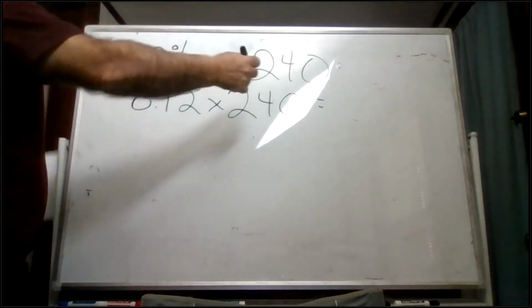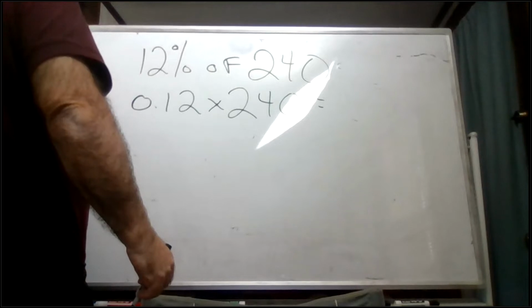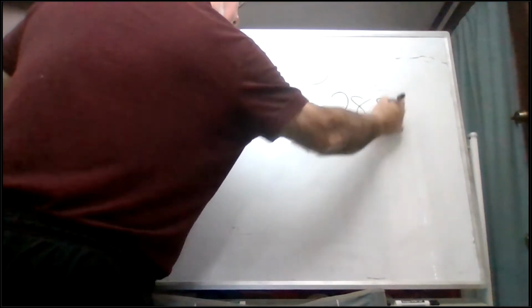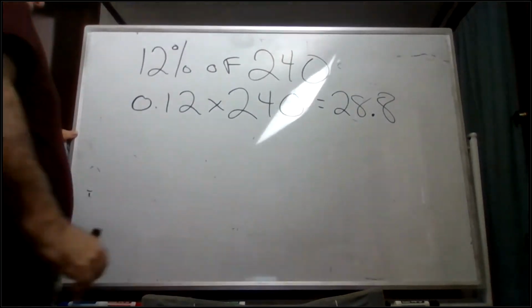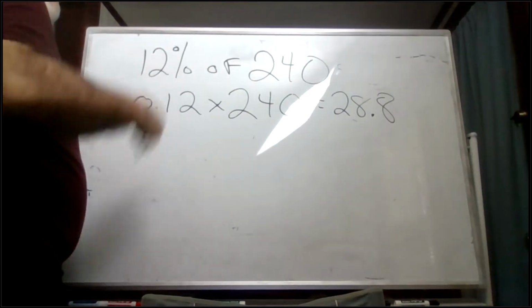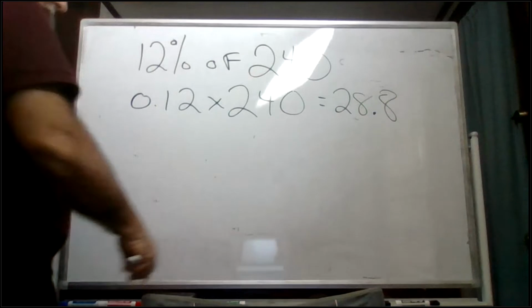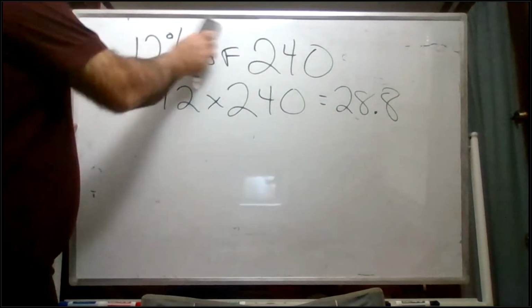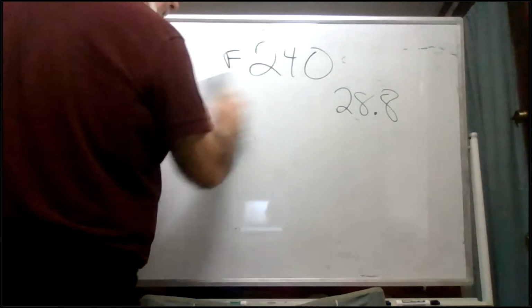So 0.12 times 240 is 28.8. Okay. So they're mad at you. They're chasing you out the door. You cheapskate. How dare you only give me a 12% tip, right? All right, 28.8.